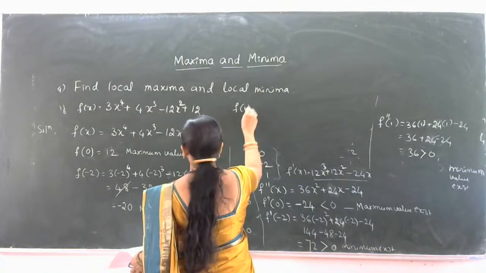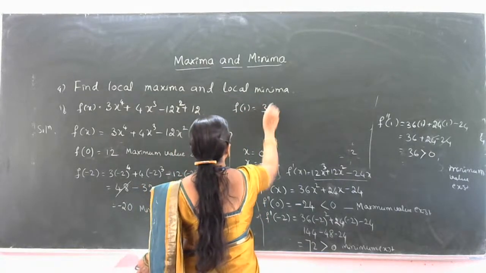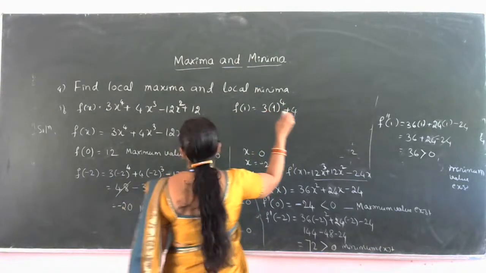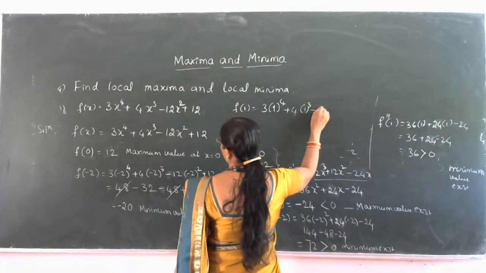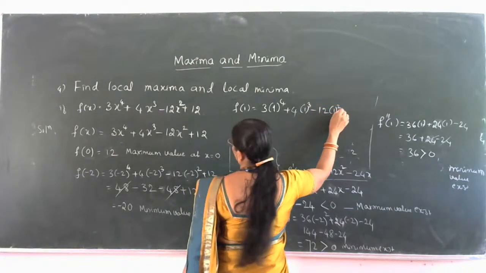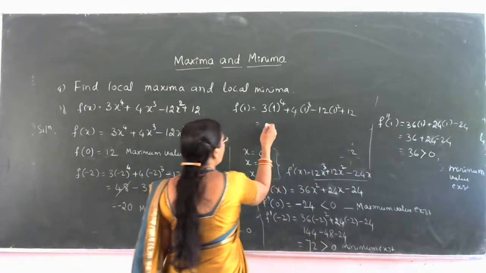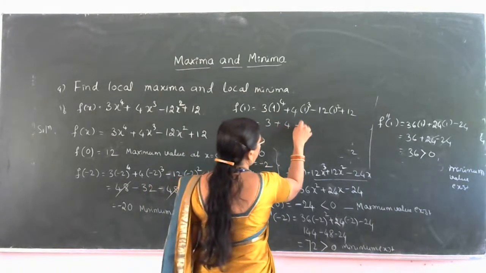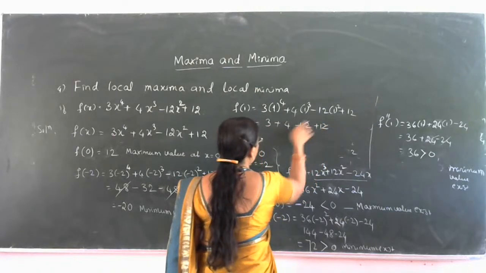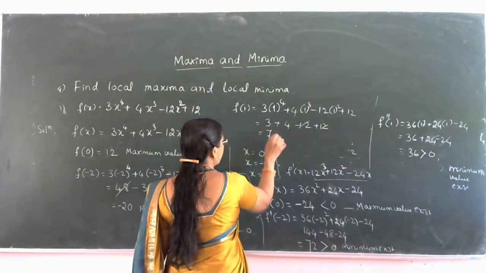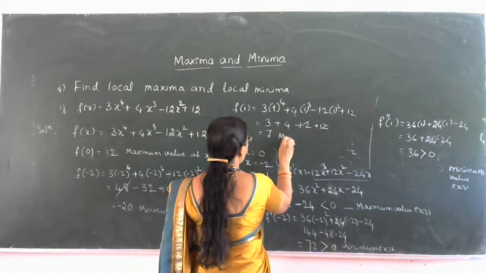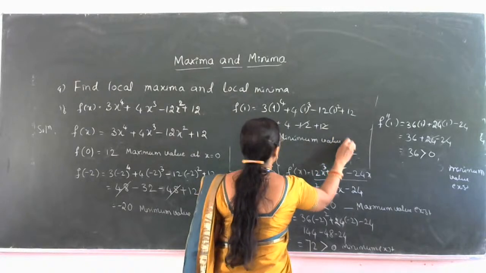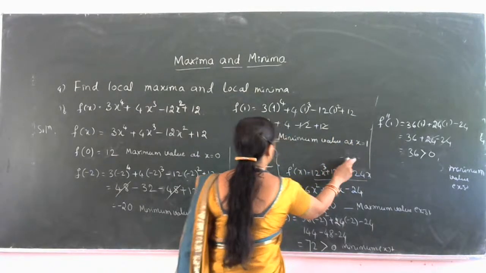F of 1 is equal to 3 into 1 to the power 4 plus 4 into 1 to the power 3 minus 12 into 1 to the power 2 plus 12, which is equal to 3 plus 4 minus 12 plus 12. 12 will cancel. 7. 7 is the minimum value at x equal to 1.